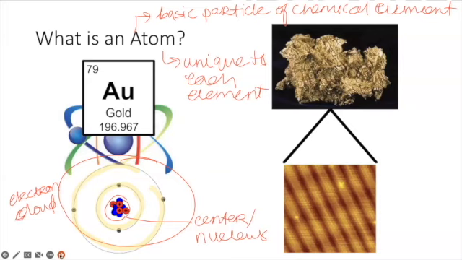If we were talking about an atom of gold, we can't see it with the naked eye. We can't see an atom of anything with the naked eye. So here's what we can see, this chunk of gold. And if we were to zoom in with a very high resolution microscope, we'd be able to see all these little dots here. Even this picture doesn't really show individual atoms, but there'd be lots of different atoms in there, which all would look like this with a nucleus, or a center, and some electron clouds.